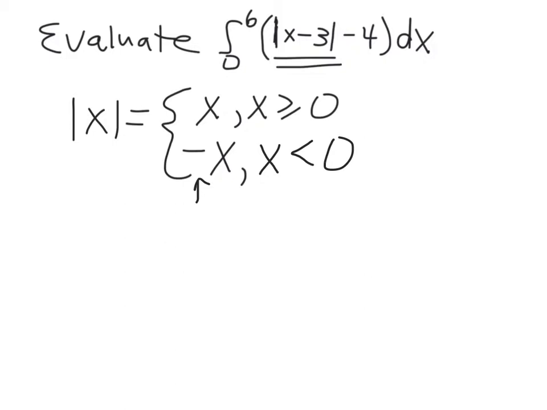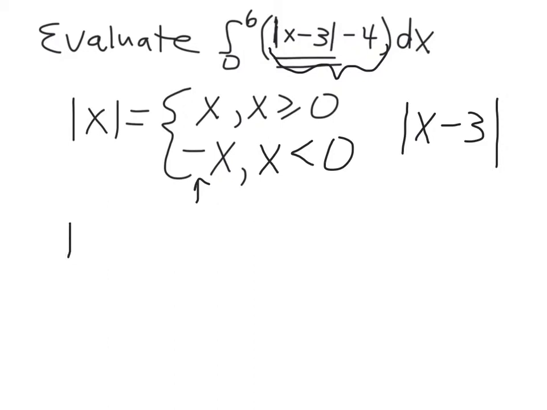I know that sounds more confusing, but by this definition then, we're going to represent our function, and in this case we have to think about what the absolute value of the quantity x minus 3 will be like.